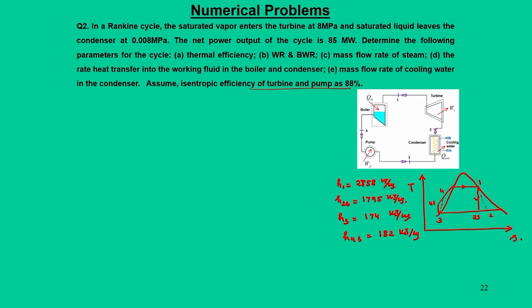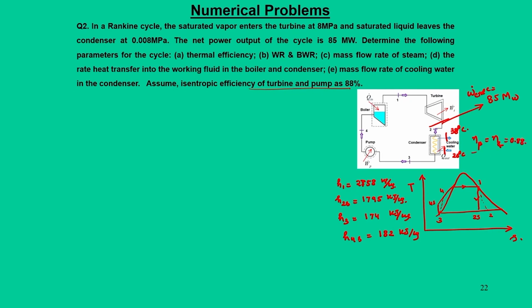In addition, cooling water enters at 20 degree centigrade and leaves at 38 degree centigrade. Net work output from the cycle, W dot cycle, is 85 megawatt, and the pump efficiency eta P and turbine efficiency eta T are 0.88.